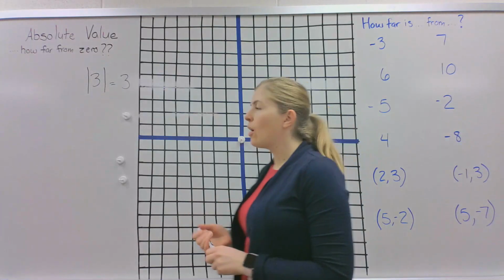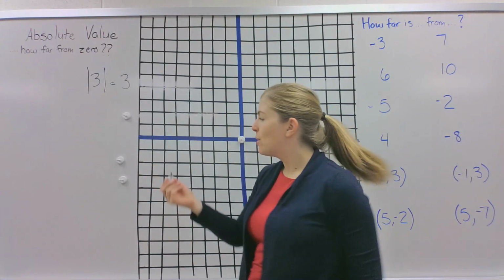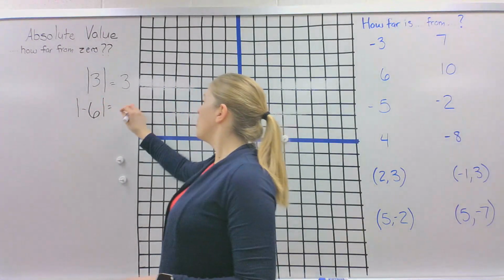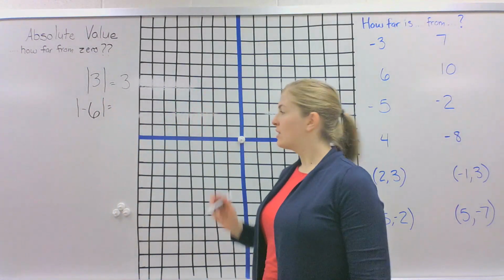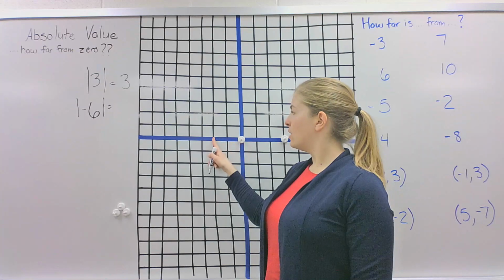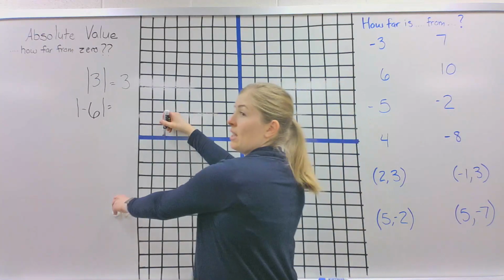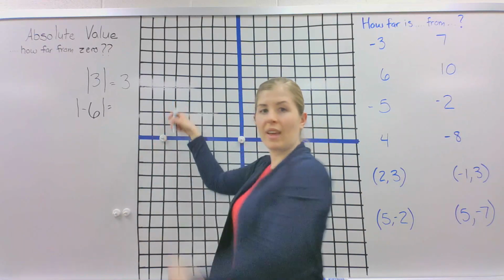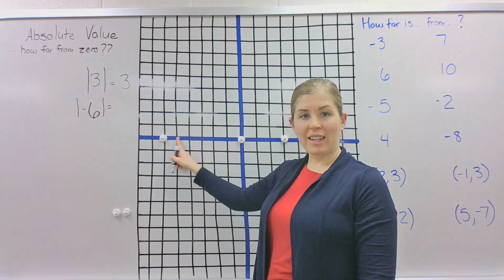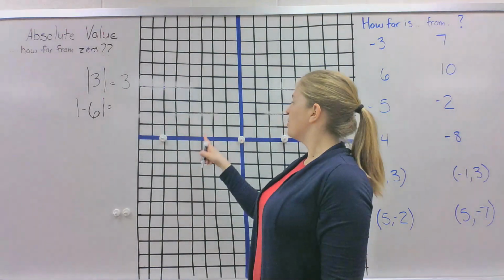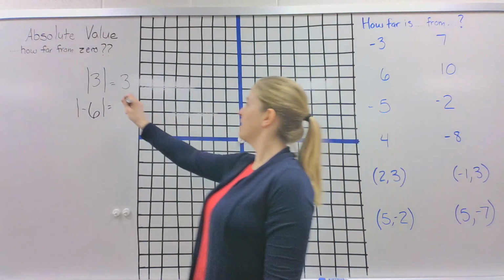Pretty self-explanatory, right? Let's try a negative number. What about negative 6? What's the absolute value of negative 6? If we're at 0, 1, 2, 3, 4, 5, 6, this would be negative 6. How far away is that from 0? 1, 2, 3, 4, 5, 6.